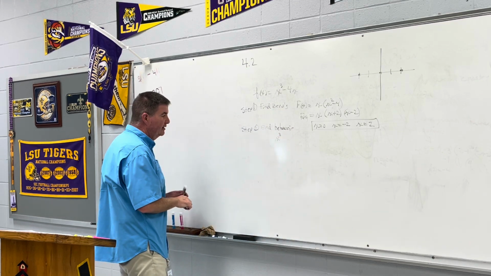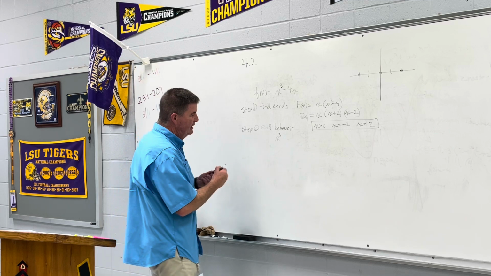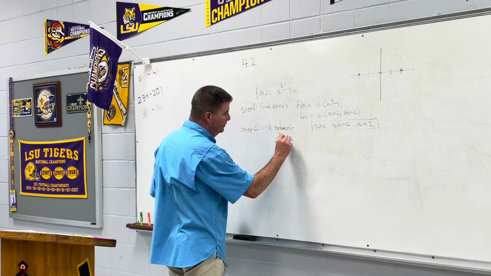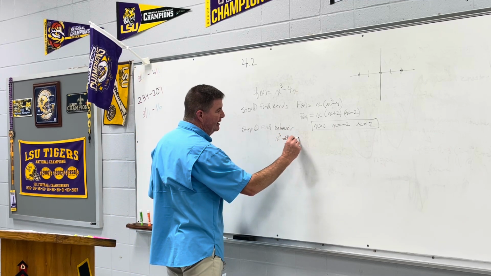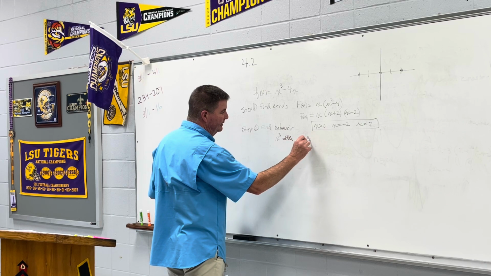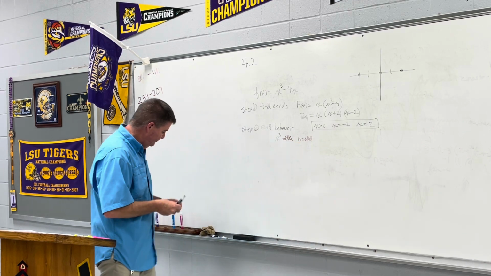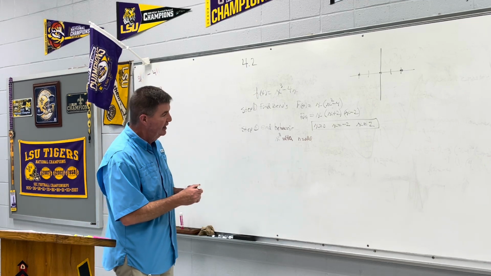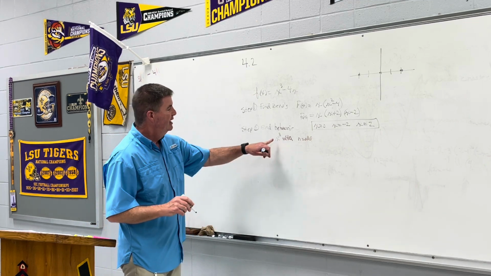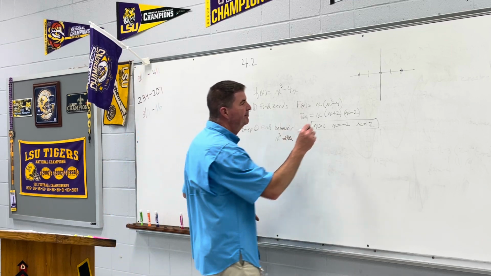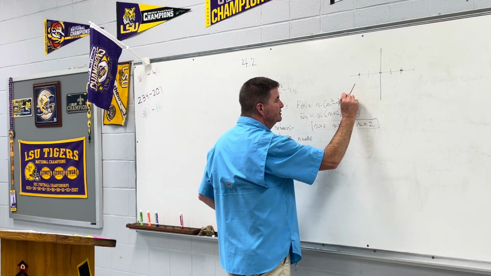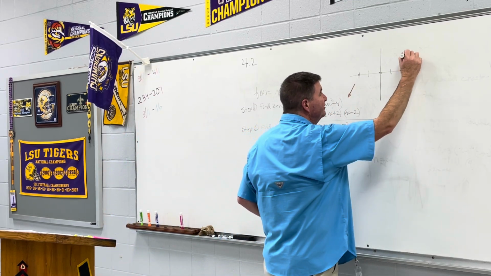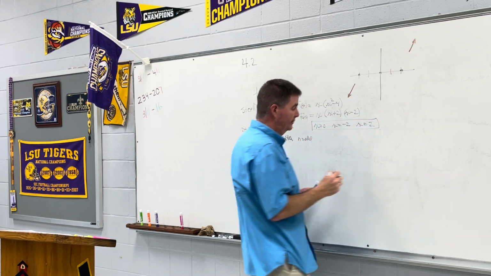A is positive and n is odd. So if it's positive and it's odd, then we are going to have opposite ends, and both of them are going to be positive slope. So it's going to be coming from the left and going off to the right.